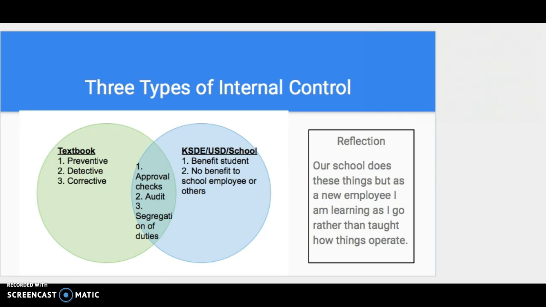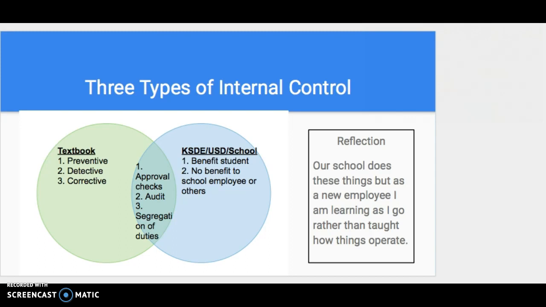Things that were in common: approval checks. You can't just go with a credit card and buy stuff out of the activity funds. There's an approval check that has to happen. For a sport, like with me, I have to get it approved by the AD. The AD then passes it on to the principal, the principal signs off, and so on.